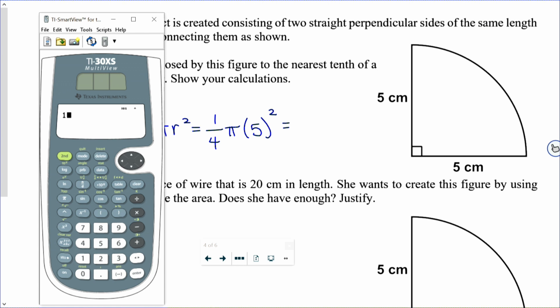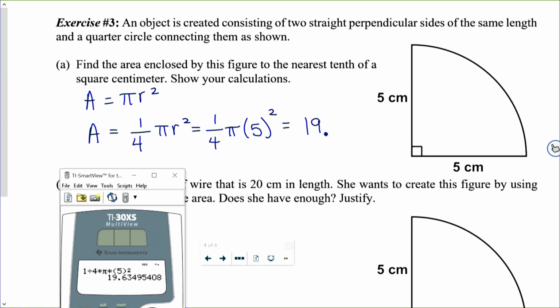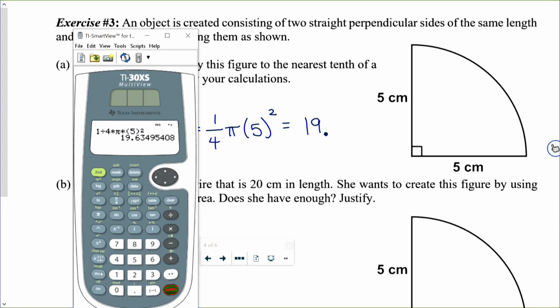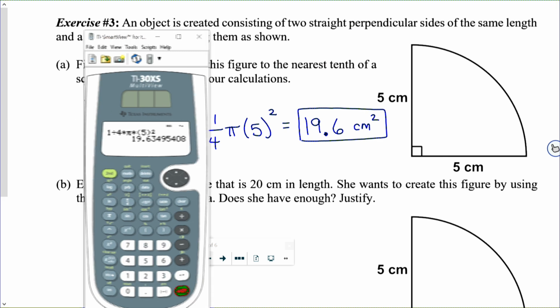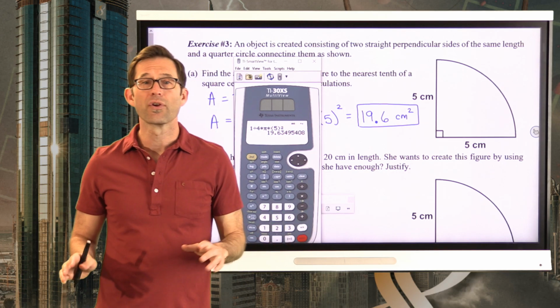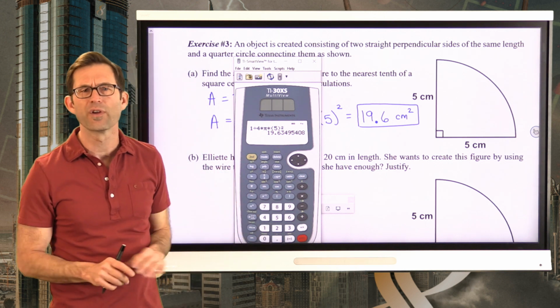Literally, I'm going to do 1 divided by 4 for the fraction 1/4 times pi times 5 squared. And that is going to give me 19.6 square centimeters, to the nearest tenth.